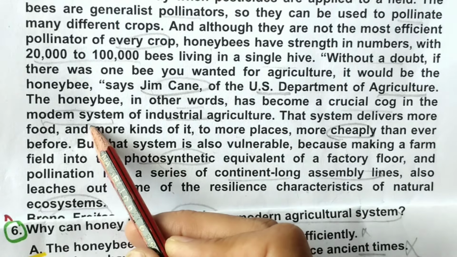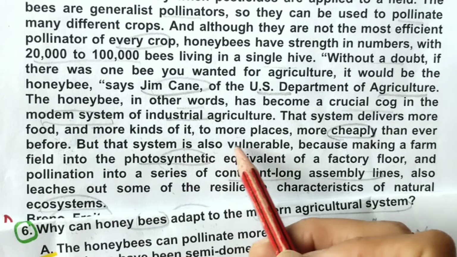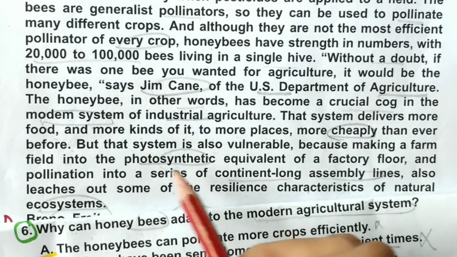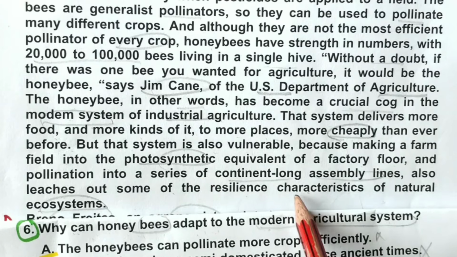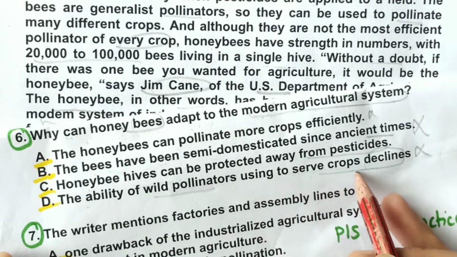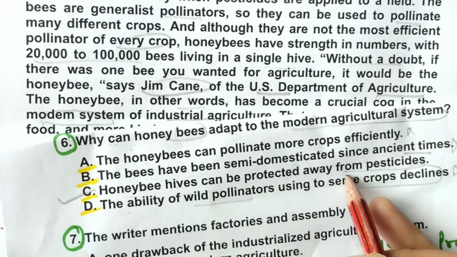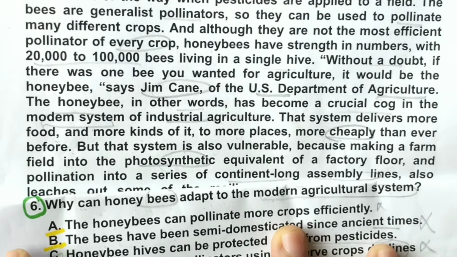Yes, the modern system is here now. That system delivers more food, more kinds of it, to more places, more cheaply than ever. Yes, we can select this because otherwise decline is also not given. So we can select that honeybee hives can be protected away from pesticides.